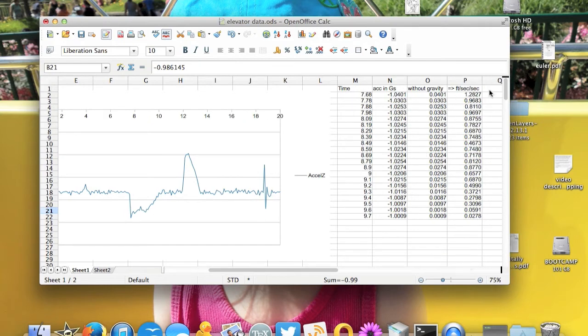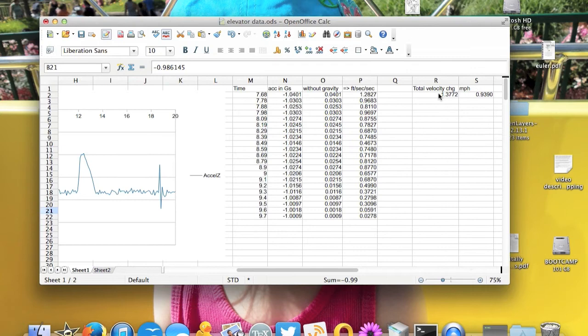And then I converted the units. These are in G's, remember? I convert that to feet per second squared, which is these now. And then right here, total velocity change. You can see the formula here. What I did was I added these up: the sum from P2, this one here, down to P21, which is that one, right? I did not include P22.